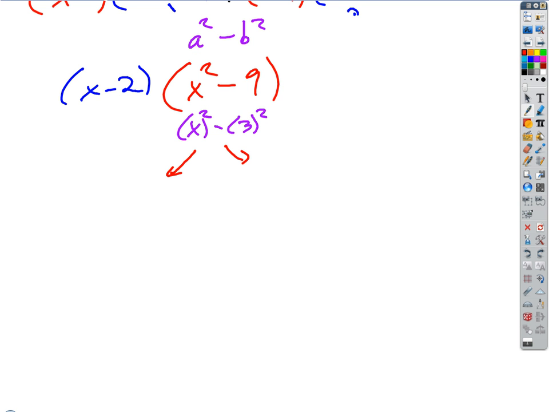Exactly, right? So a is x, b is 3. So I'm going to get a plus b times a minus b. Now Selena's going to do that the other way. She likes it the other way. That's fine. And then we have that x minus 2 out front. Now we're done for sure. There's no way we could go any further than that.